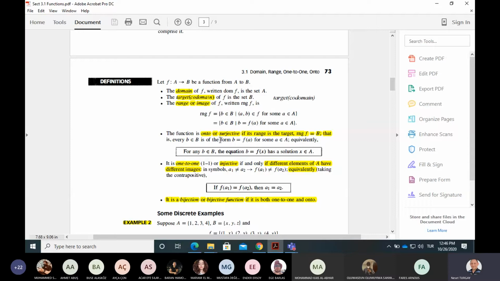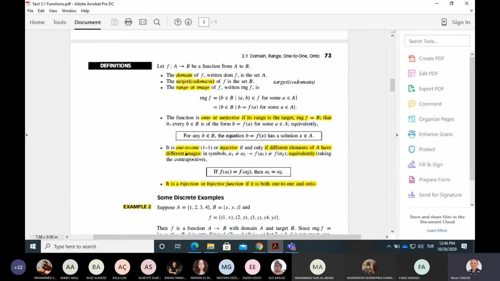The function is onto or surjective if its range is the target, that means range of f is equal to B. What we said also is that every b in B is of the form b equals f of a for some a in A. Equivalently, for any b in B, the equation b equals f of x has a solution x in A. It is one-to-one or injective if and only if different values of A have different images.